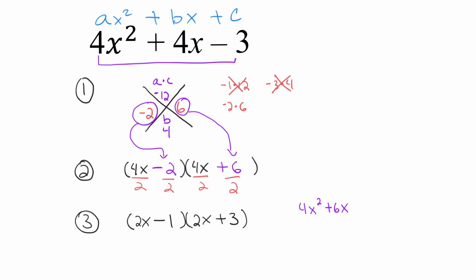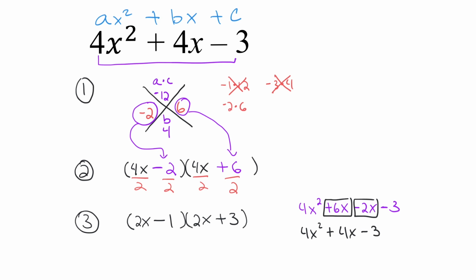That's going to be a negative 2x. And negative 1 times positive 3, that'll be negative 3. You can combine the middle terms. Positive 6 minus 2, that's going to be positive 4x. You bring down the 4x squared and the minus 3.